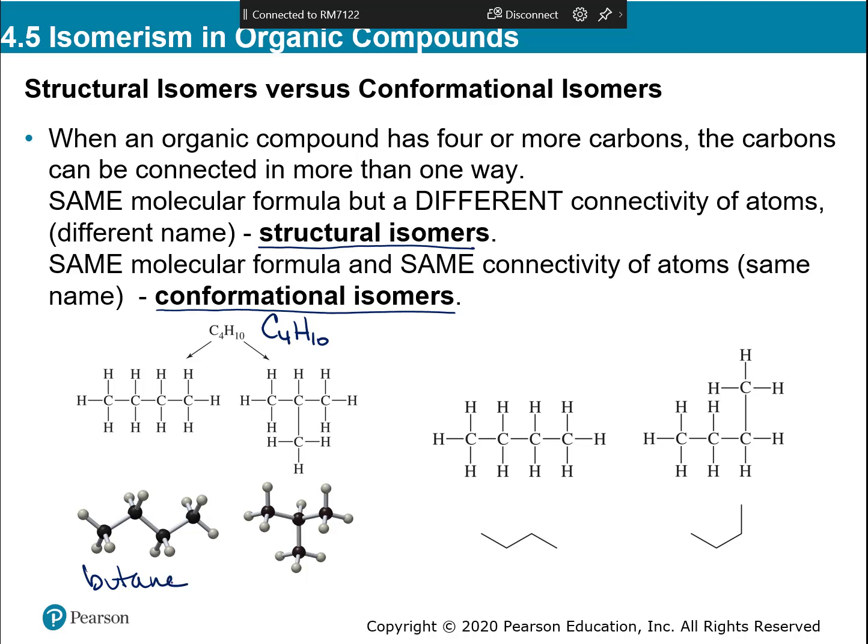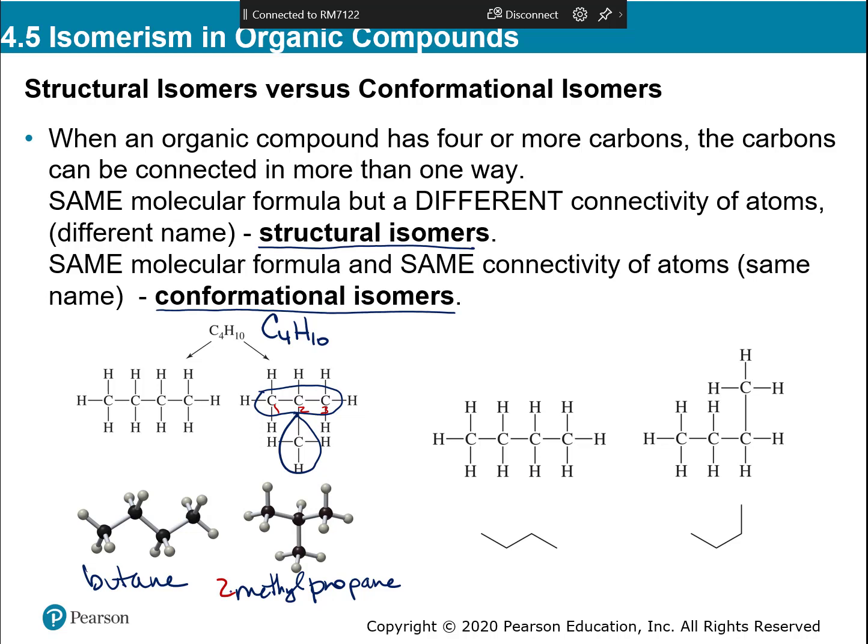But then this one next to it, see where it's 3 carbons in a row, but one's hanging off? So 3 carbons in a row gives the prop, propane. And then this group hanging off is a CH3, so that is a methyl, and it's hanging off of carbon number 2, so that would be 2-methylpropane.